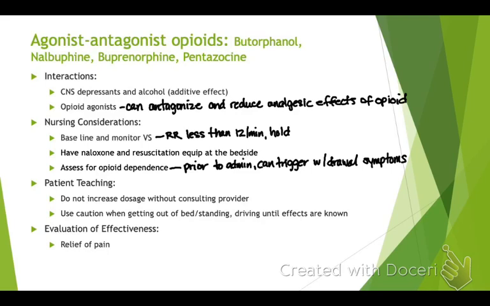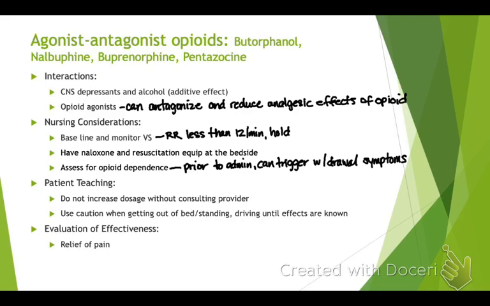This is known with, let's say, a patient taking an opioid agonist like methadone, and we gave her an opioid agonist antagonist like Stadol, which I believe is butorphanol, and they cancel each other out.